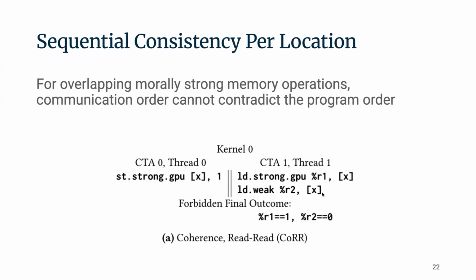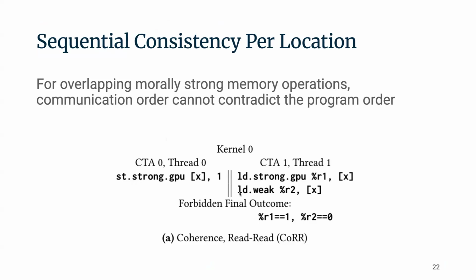What this means is that the program order, let's go with an example, I think it's a bit more clear. Here we have thread 0 doing a store on address X, storing 1 into address X. Thread 1 reads from address X twice. These two instructions, the strong store and the strong load, are morally strong relative to each other.